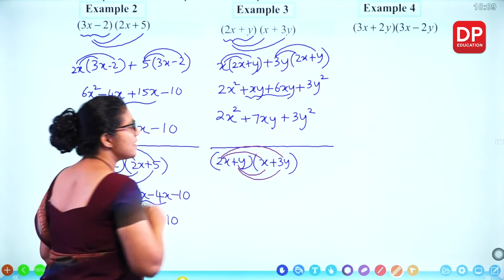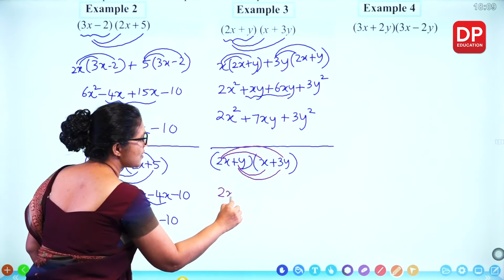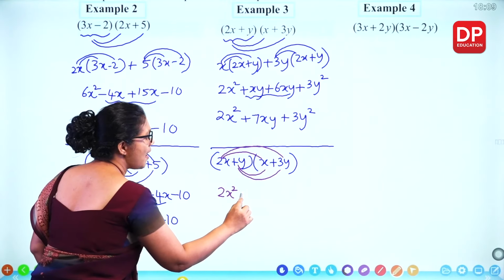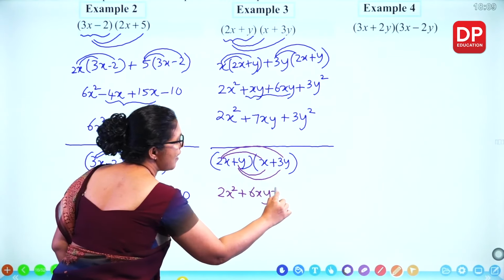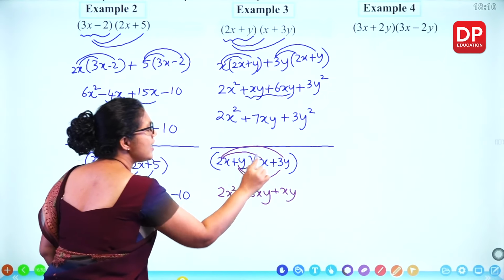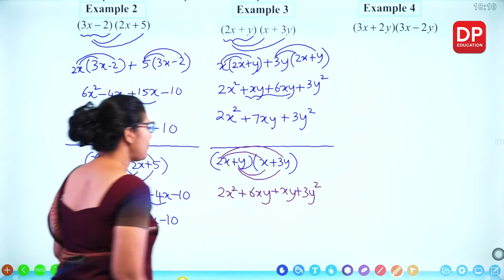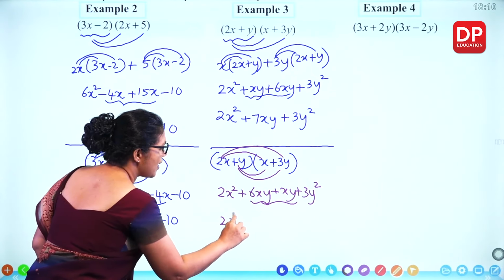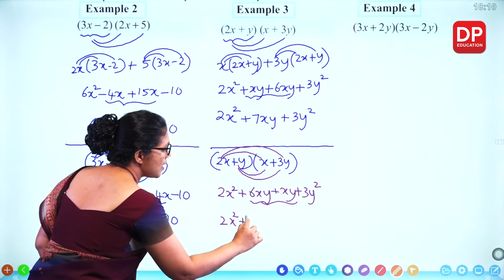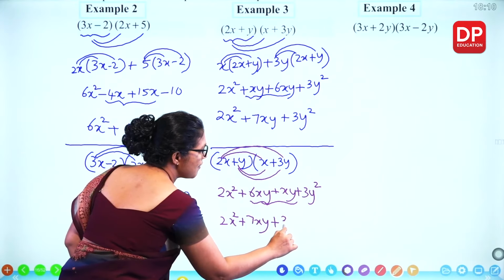So you draw the arrows like this and 2x into x, 2x squared, 2x into 3y, 6xy, y into x, you can write xy, y into 3y, 3y squared. And simplify the middle two terms, you get 2x squared plus 6 plus 1 becomes 7, that's 7xy plus 3y squared.